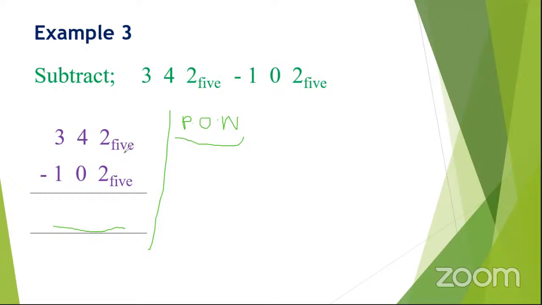So when we are subtracting, we start from the ones here, from the right hand here. This is where we start from. So we shall have 2 minus 2, giving us a 0. You come and put it here. You move to the next, we have 4 minus 0, giving us 4.